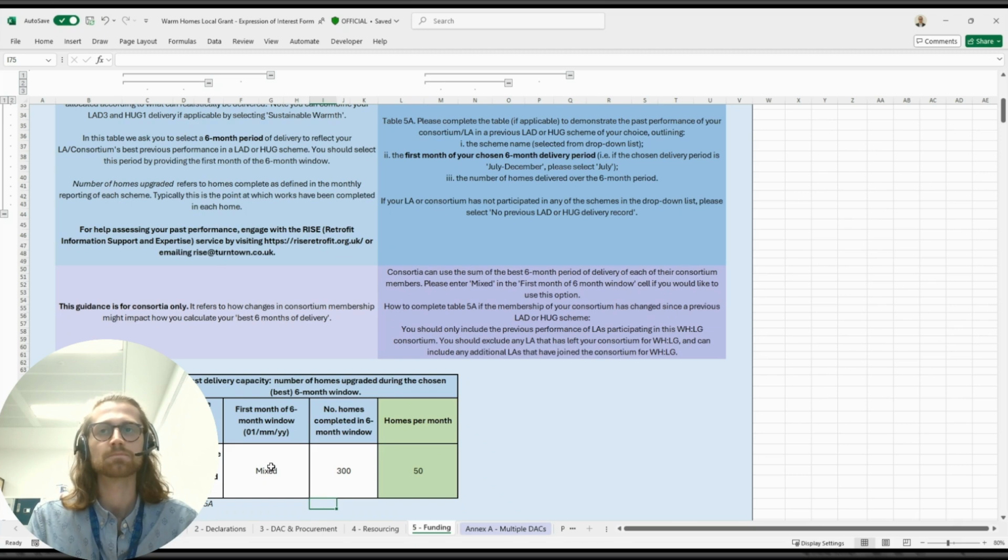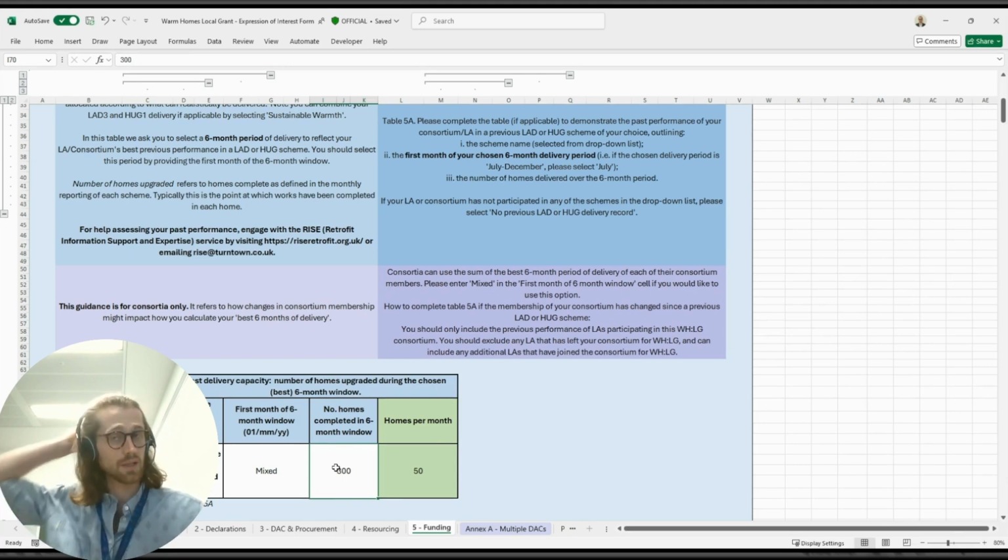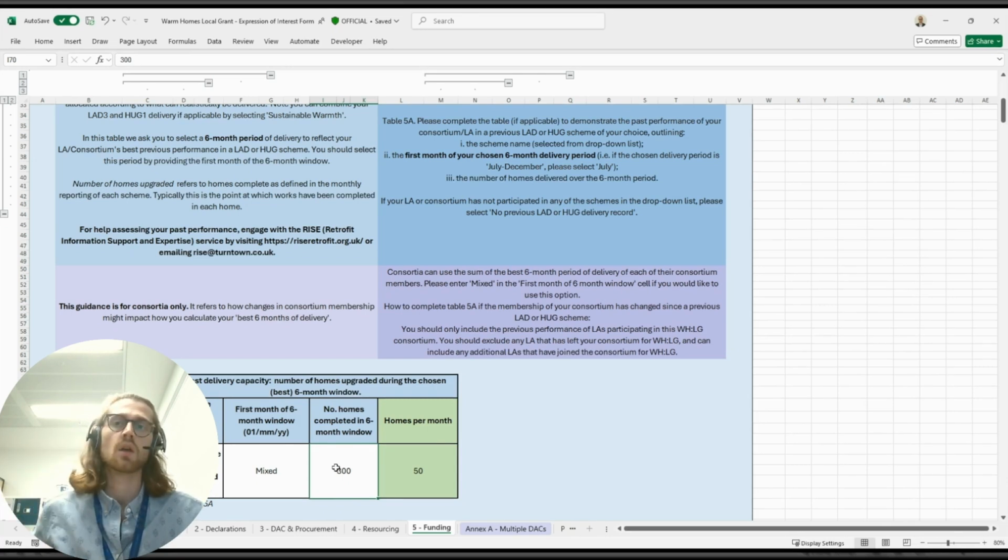In particular, they have information on the number of homes that you will have completed, so they will be able to give you a good idea of how to complete this section of the form. To do that, you'll email rise@turntown.co.uk, or you can engage through the service by submitting a self-assessment form, and that's all online at Rise Retrofit.